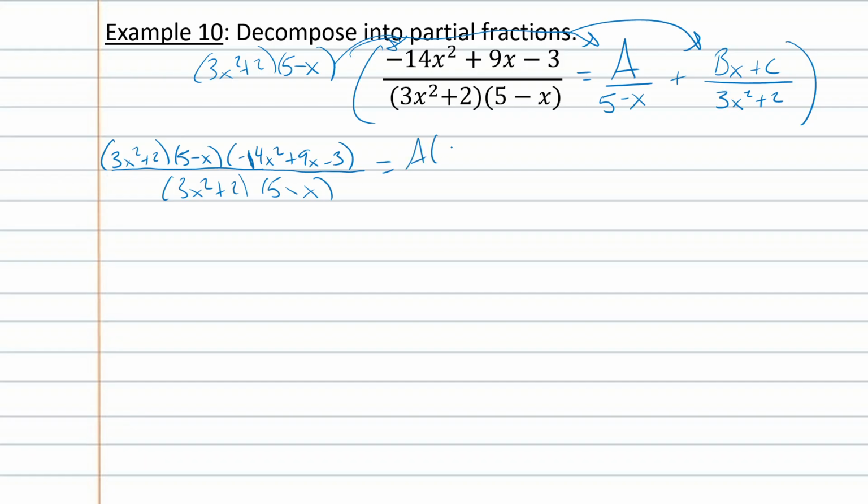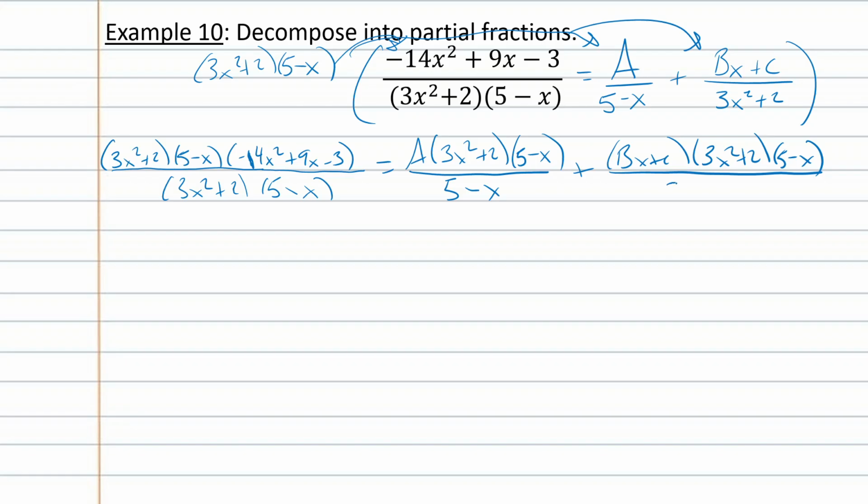Then we're going to have a times 3x squared plus 2 times 5 minus x all over 5 minus x. You can see the cancellation that might occur there. And then we're going to have bx plus c times 3x squared plus 2 times 5 minus x all over 3x squared plus 2. You can see the cancellation that will occur there.